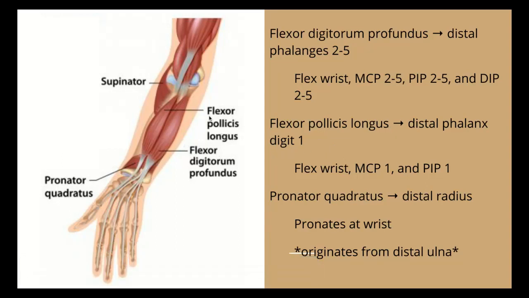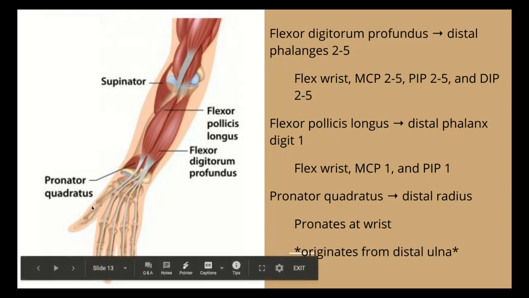Next, we have the flexor pollicis longus. So the flexor pollicis longus, remember pollicis is the name that we give to the thumb. So this is going to be flexing the thumb. So it's going to be inserting at the distal phalanx of digit 1. So way down here, right? Here's the metacarpal, and then the proximal phalanx and the distal phalanx, right? Because there's no middle phalanx in the thumb.